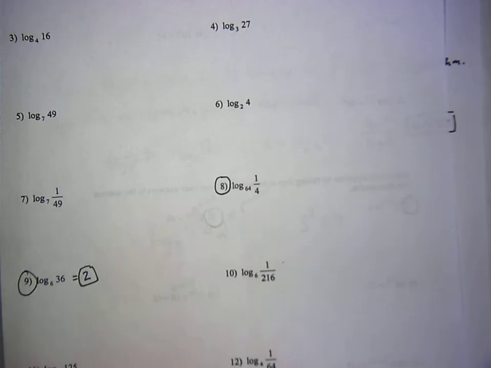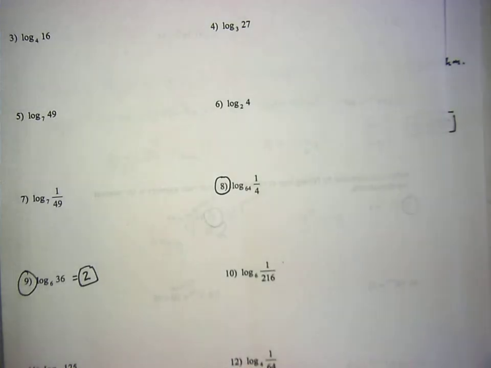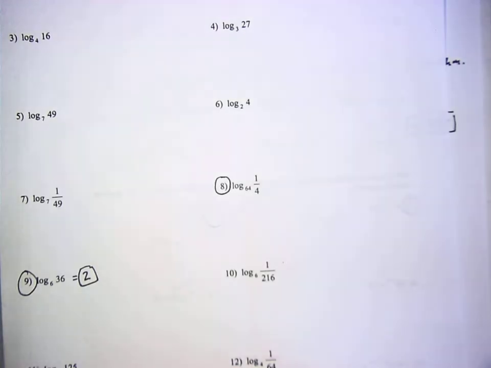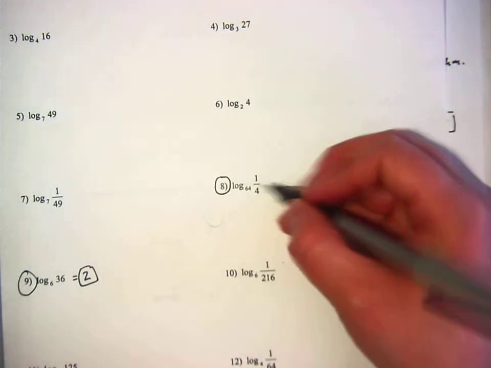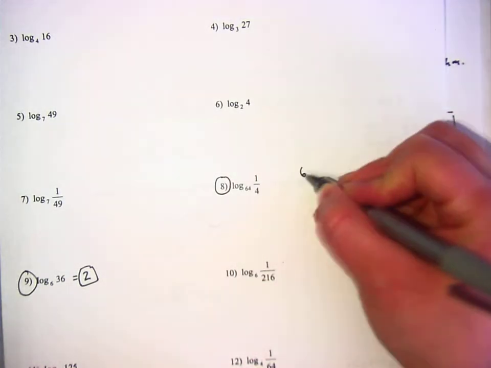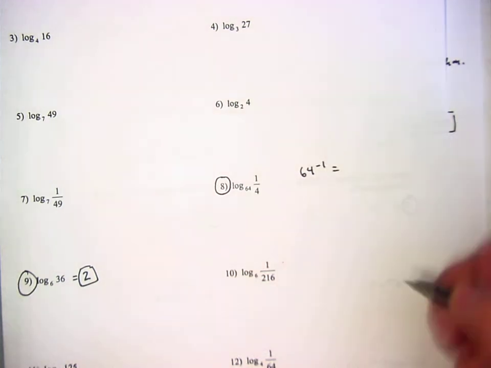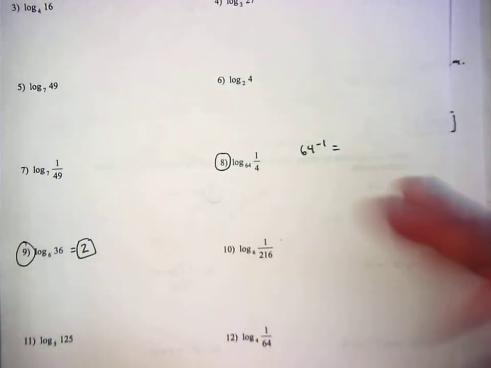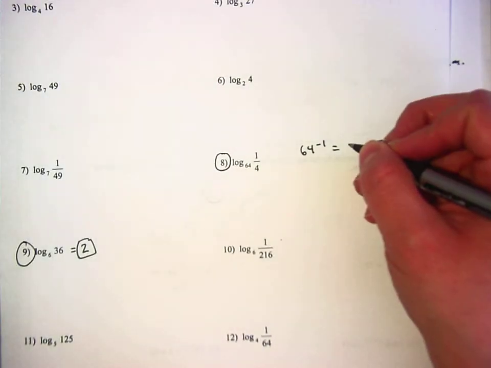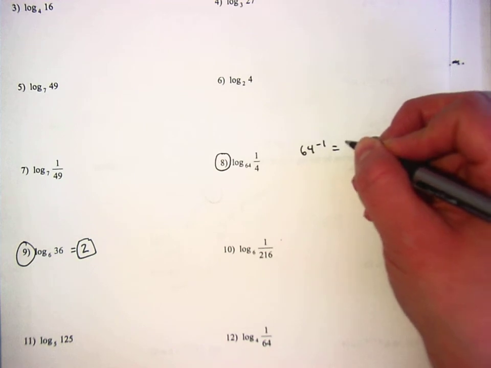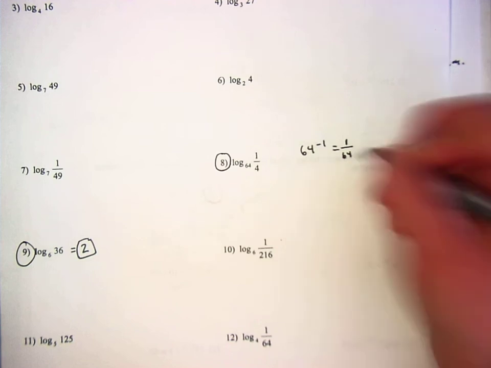All right. 64 to the what power equals 1/4? That's pretty tough. So we're trying to get to, let's see, if it was 64 to the -1, what would that be? One over 64, okay?